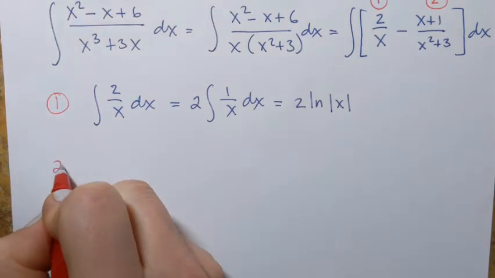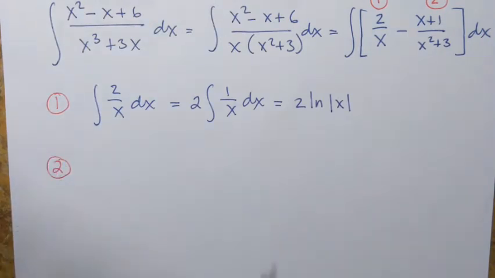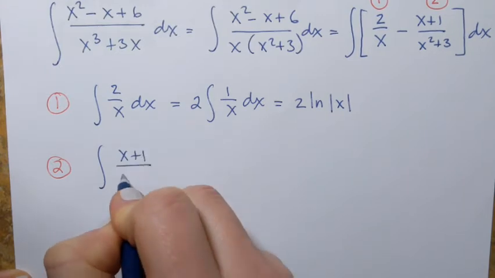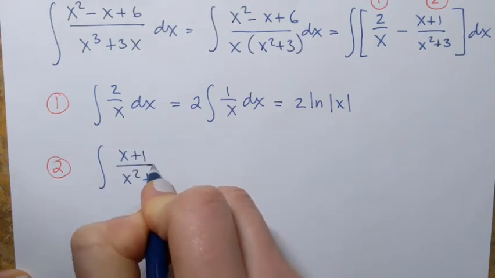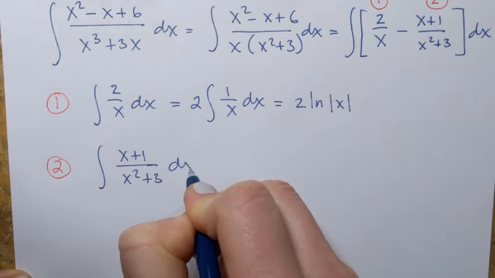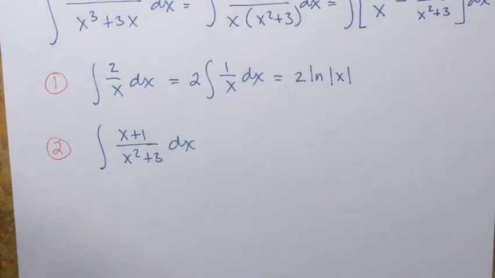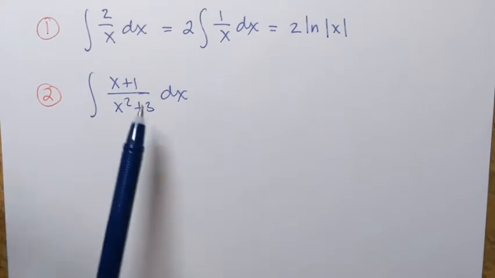The second integral is the integral of x plus 1 over x squared plus 3 dx. So how do we approach the second integral, or second part?